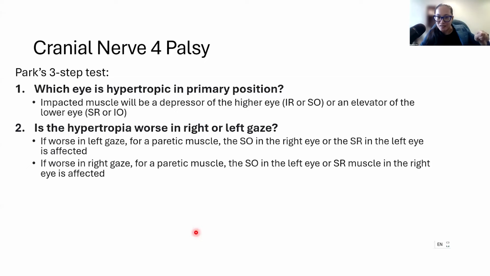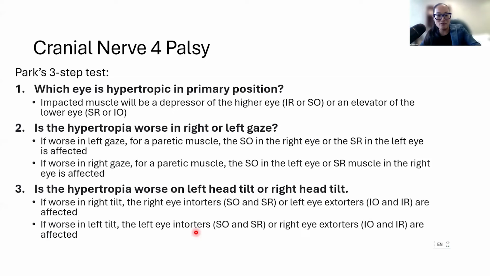If it's the right side that's affected when it's worse looking to the right, then you circle the superior oblique in the left eye or the superior rectus in the right eye. Circle those ones, okay? And finally, is the hypertropia worse in left head tilt or right head tilt? If it's worse in right head tilt, the right eye intorters, the superior oblique or the superior rectus, or the left eye extorters, inferior oblique and inferior rectus, are affected.